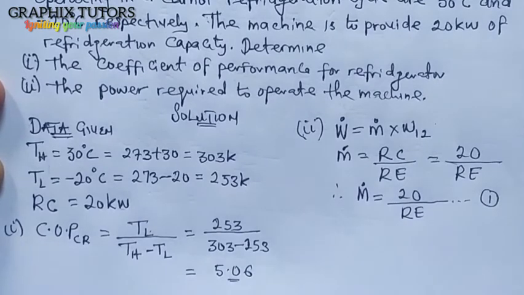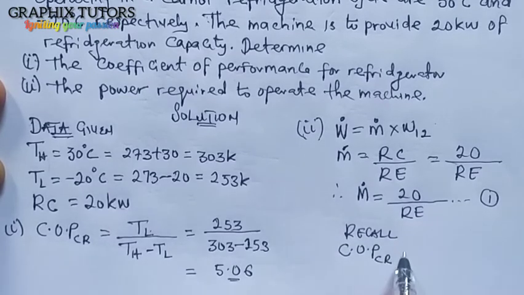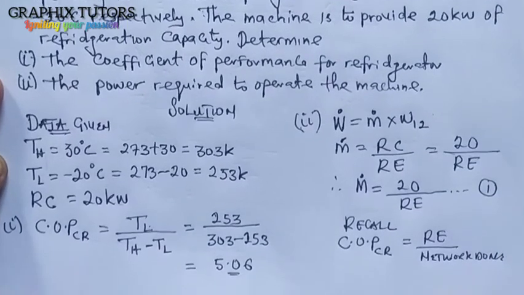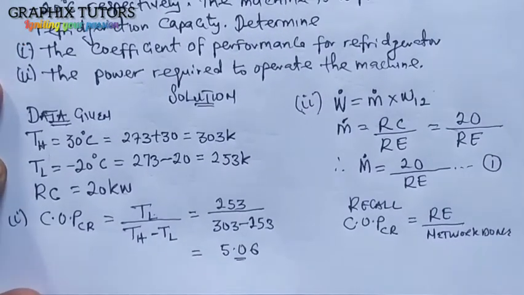Now, we know very well that the COP, recall, the COP of the refrigerating cycle is equal to what? The refrigerating effect all over the net work done. Right? The net work done.